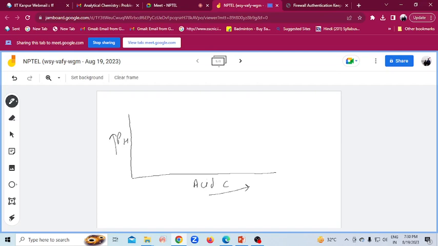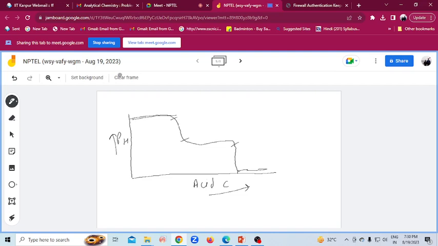Suppose from here to here pH is decreasing drastically. Similarly from here to here pH is changing, and this is the plateau.